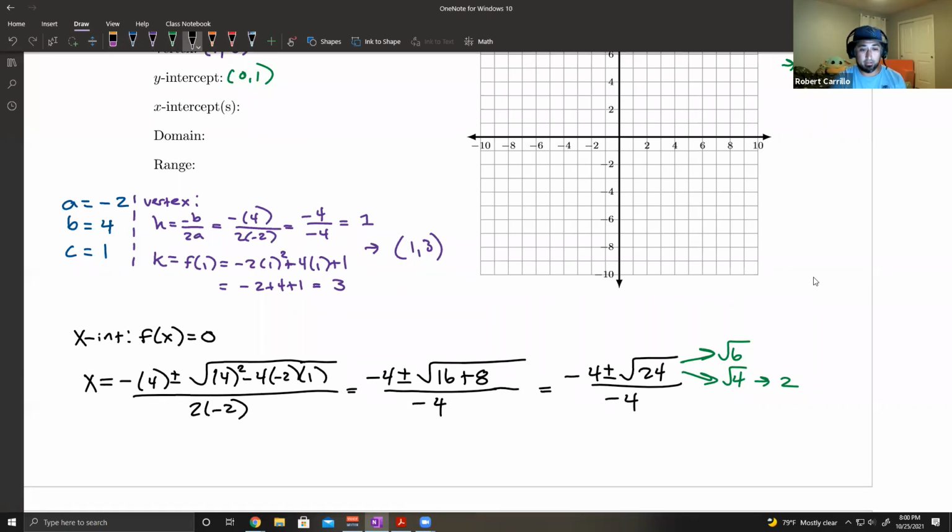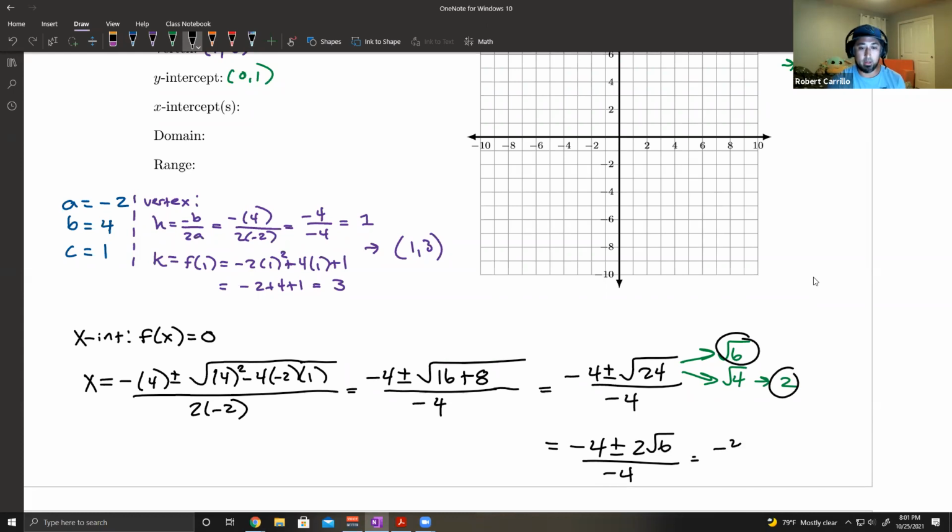So now we have -4 plus or minus 2 square root 6 over -4. And we'll split this up.